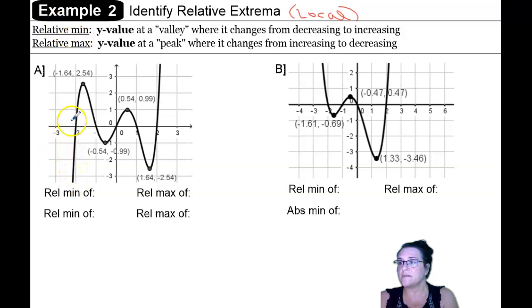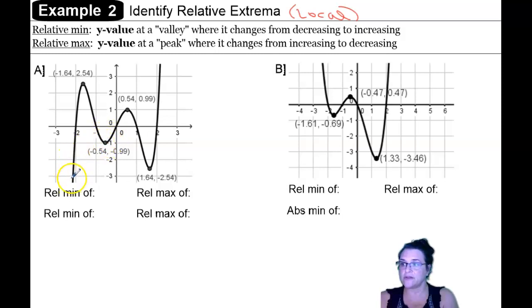Okay, so as I look at example A, and I'm trying to find a relative minimum, my curve comes up and then turns at the point negative 1.64, 2.54. Now it's decreasing, and then here at the point negative 0.54, comma negative 0.99, it turns from decreasing to increasing, and it creates this little valley. Now that point is not the absolute lowest point on the graph.